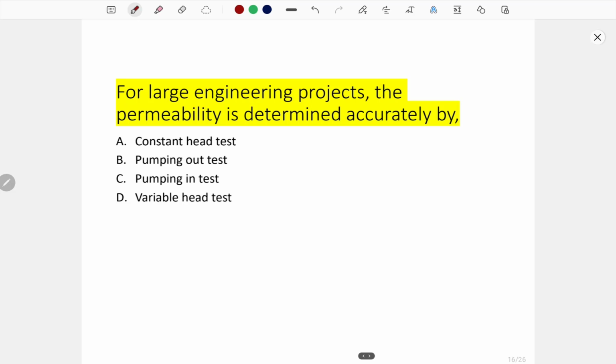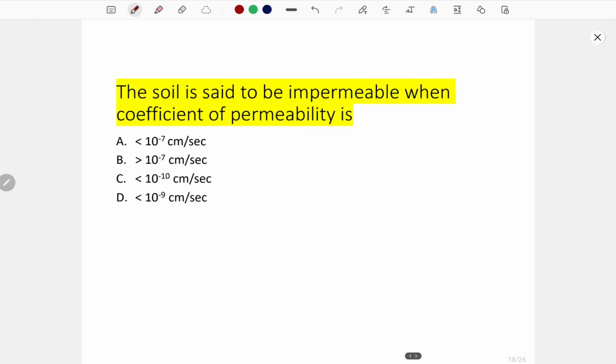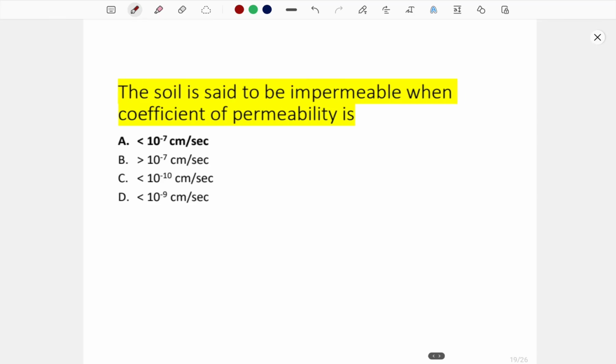For large engineering projects, the permeability is determined accurately by the pumping out test, which is the on-site permeability determination. The soil is said to be impermeable when the coefficient of permeability is less than 10 raised to minus 7.